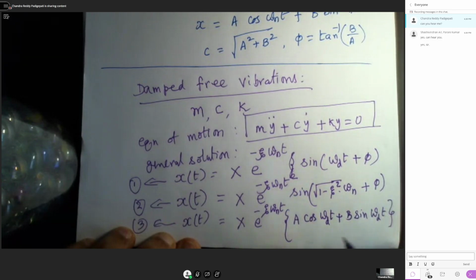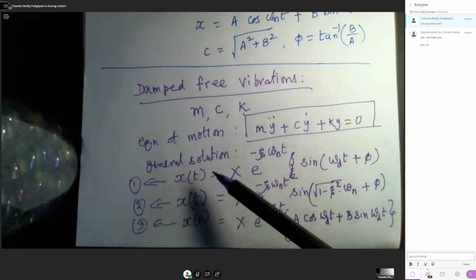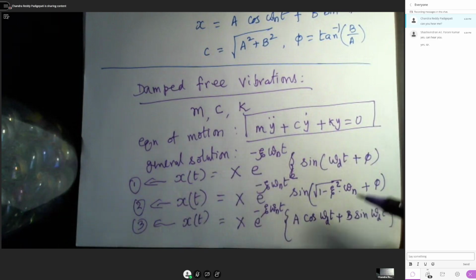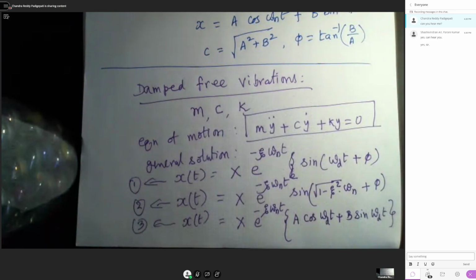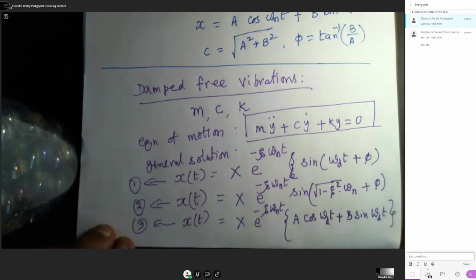Here there's no phase involved. So for damped free vibrations, the response or general solution can be written in any one of these formats. The important part is the damping ratio eta.